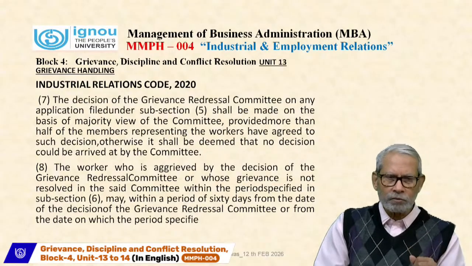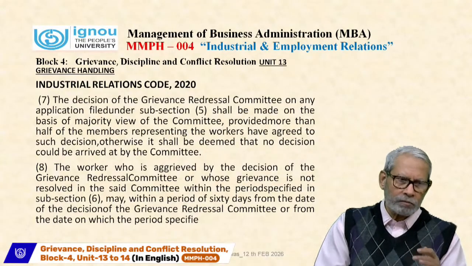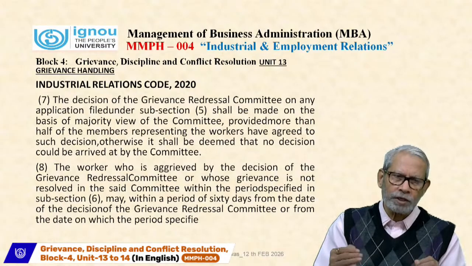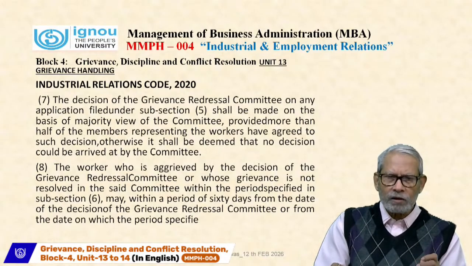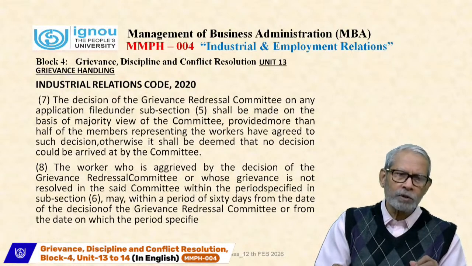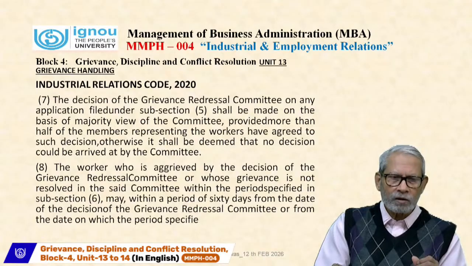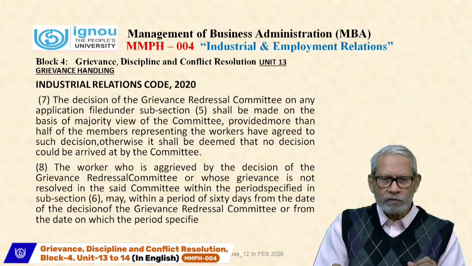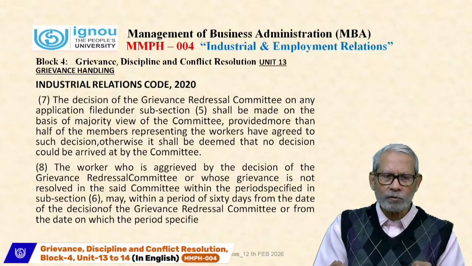Now, the decision of the grievance redressal committee on any application filed under Section 5 shall be made on the basis of the majority view of the committee, provided more than half of the members representing the employer and the workers have agreed to such decisions, otherwise it shall be deemed that no decision could be arrived at by the committee.